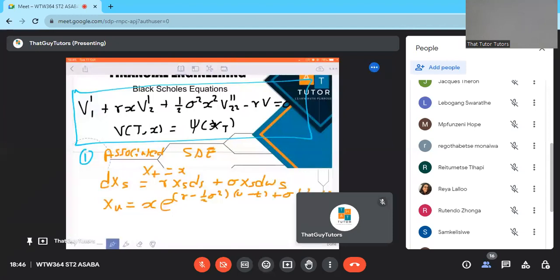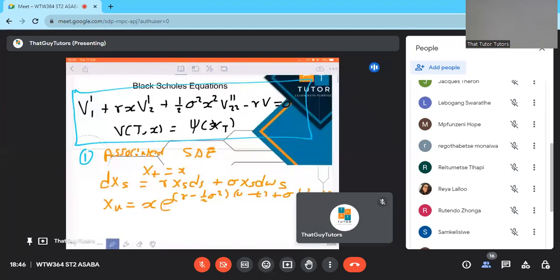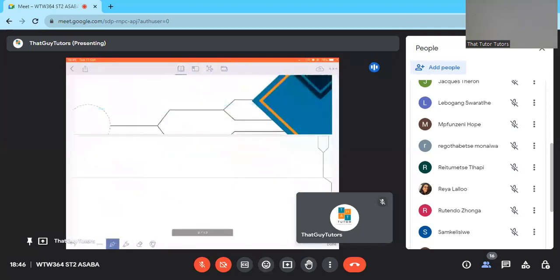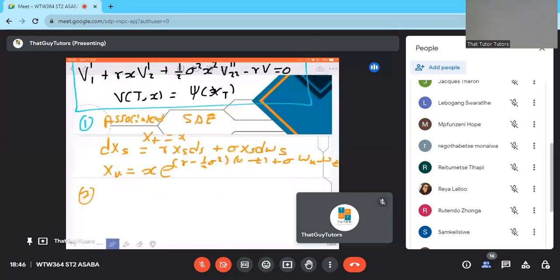And then the solution to the terminal value problem. You can use the Feynman-Kac method.